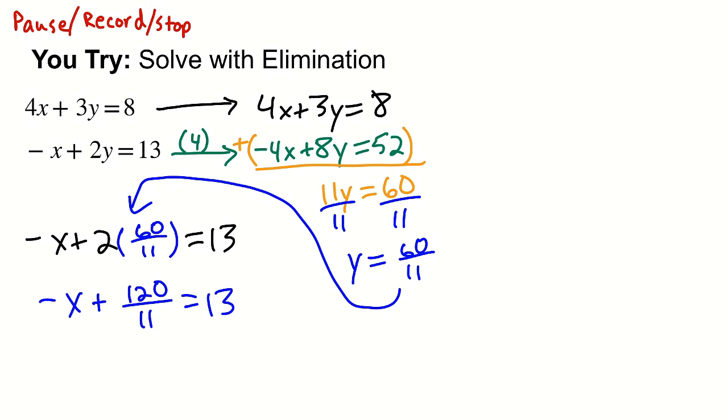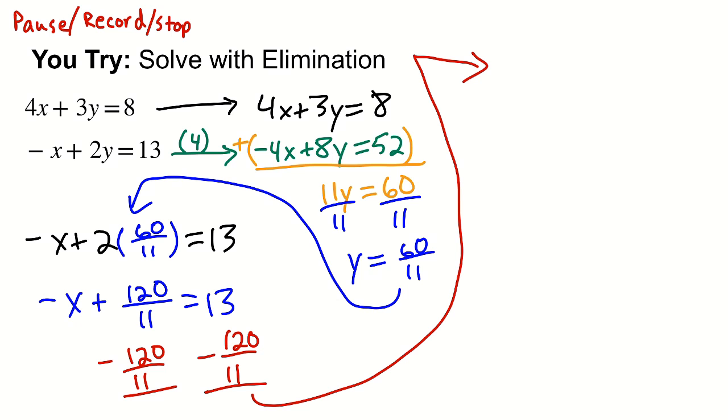So now we have to isolate this negative x by subtracting 120 over 11 from both sides. And we're going to come right up here.